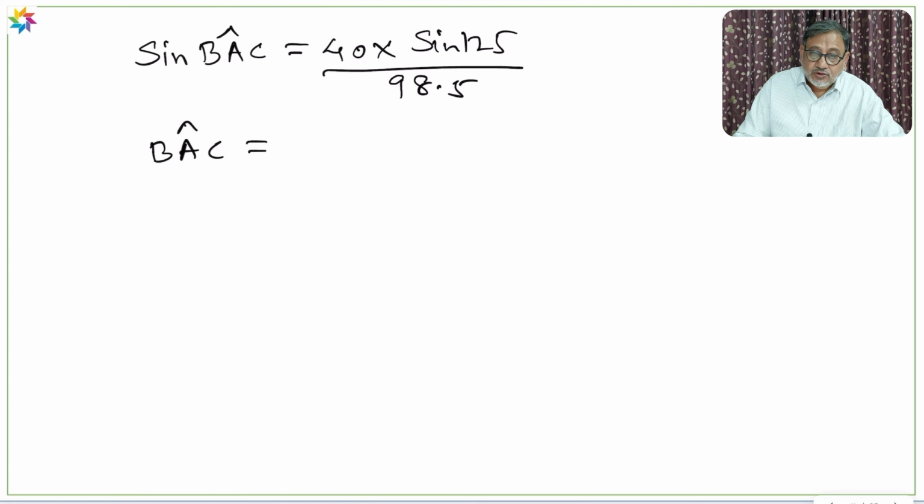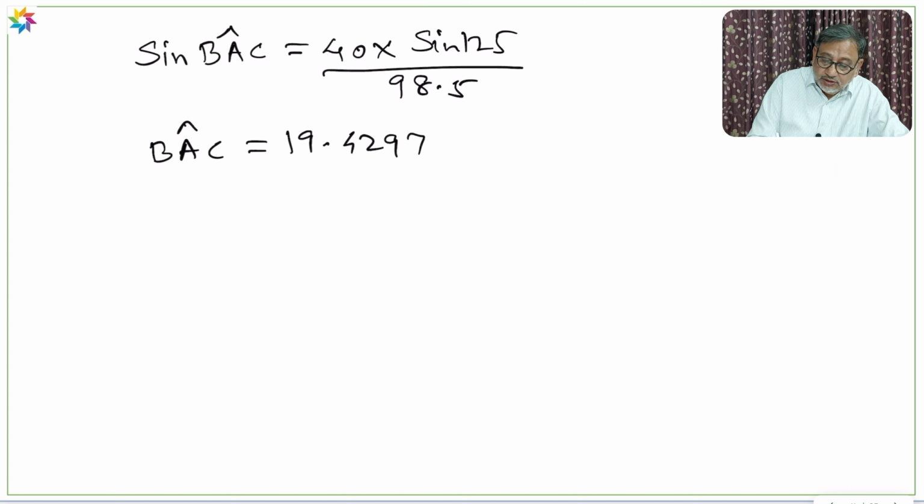Calculating all this using GDC, one more bracket, 40 times sine 125, my calculator is already in degree mode, divided by 98.5. Yeah, so I got 19.4297 degrees.